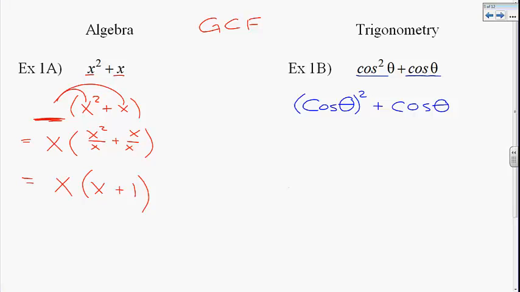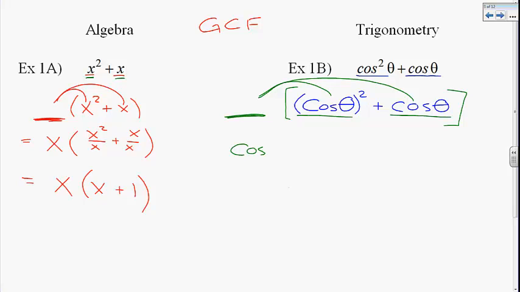Notice the structure of both expressions is the same, with cosine of theta taking the place of x. Here, cosine of theta squared is in the same place as x squared, and the cosine of theta is just in the same place as x. As a result, we will factor the expression in the same manner.